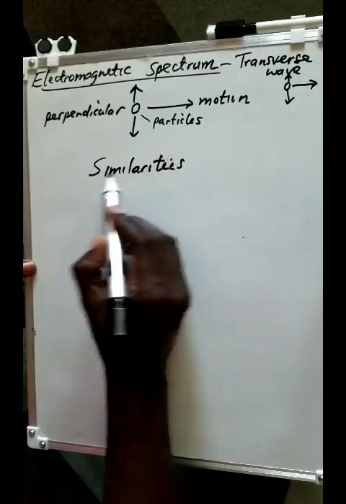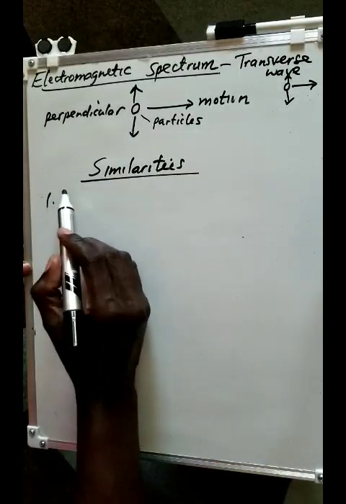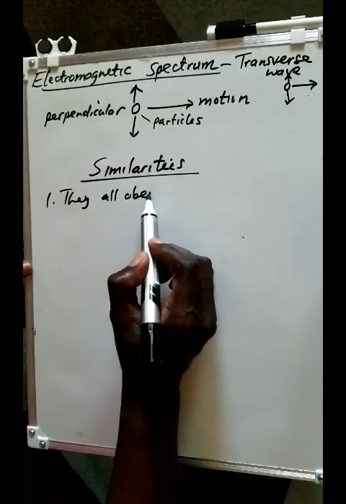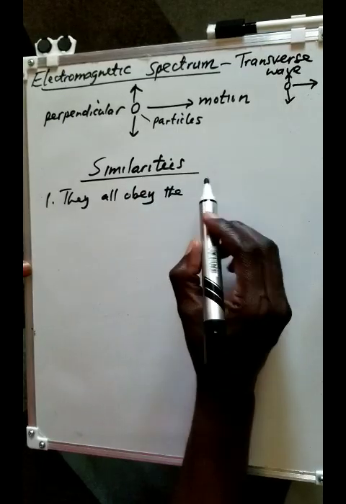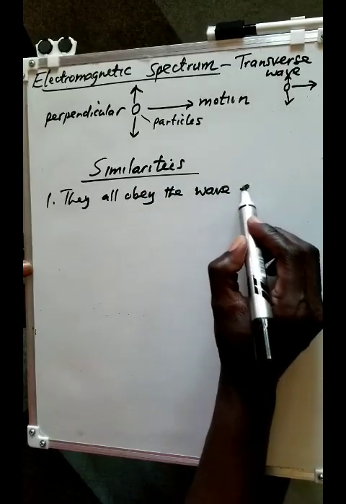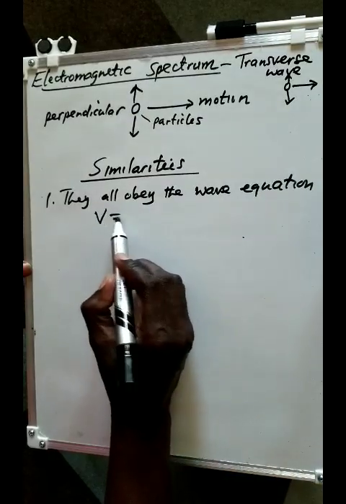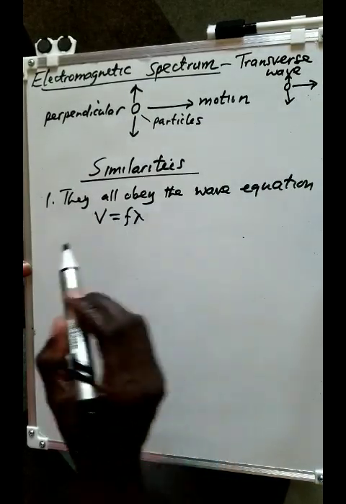In terms of the similarities, number one, they all obey the wave equation. That wave equation is: speed is equal to frequency multiplied by wavelength.